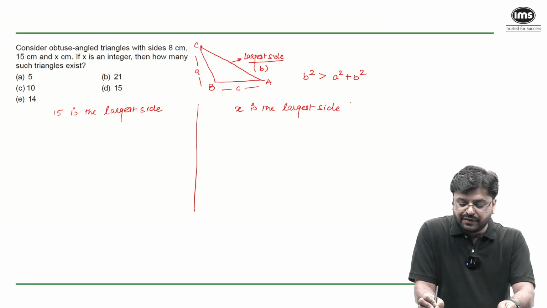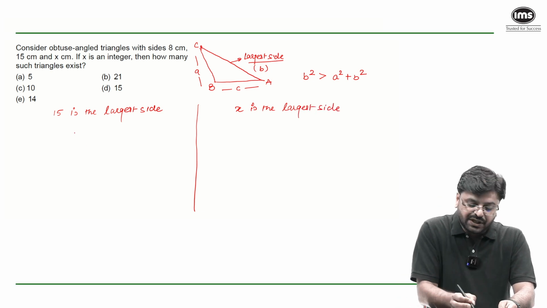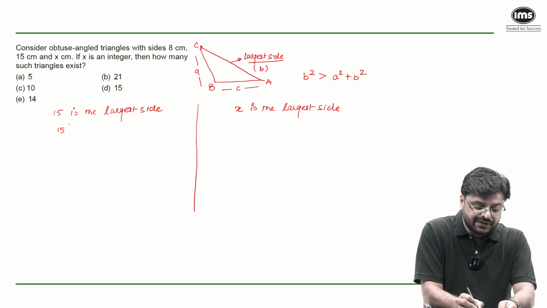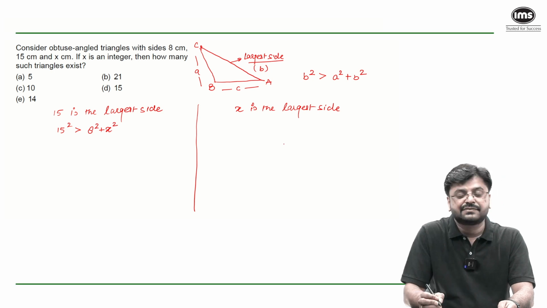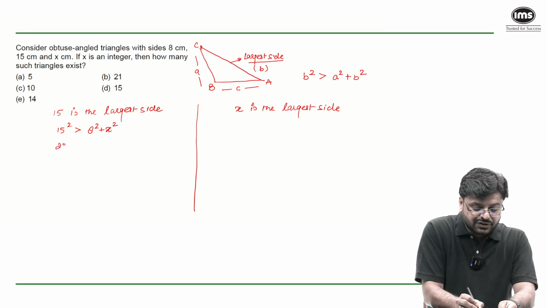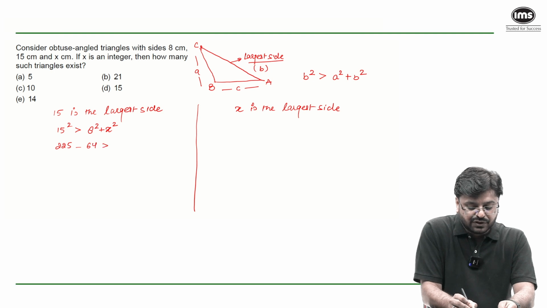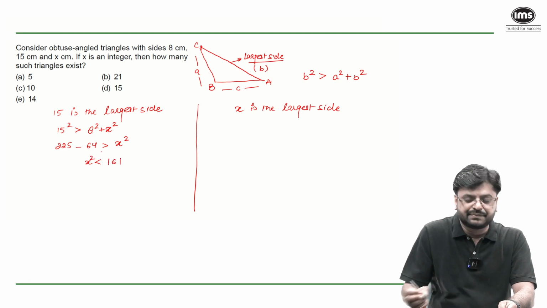So we'll take two cases separately. If 15 is the largest side, then 15 square should be greater than 8 square plus x square, which means 225 minus 64 should be greater than x square, and x square should be less than 161.